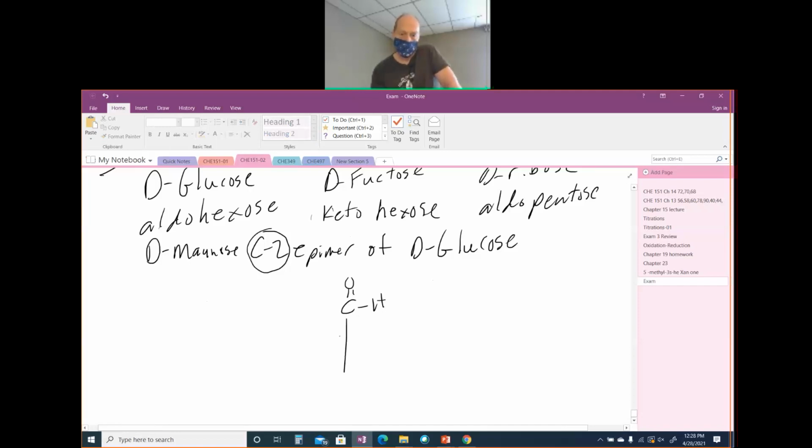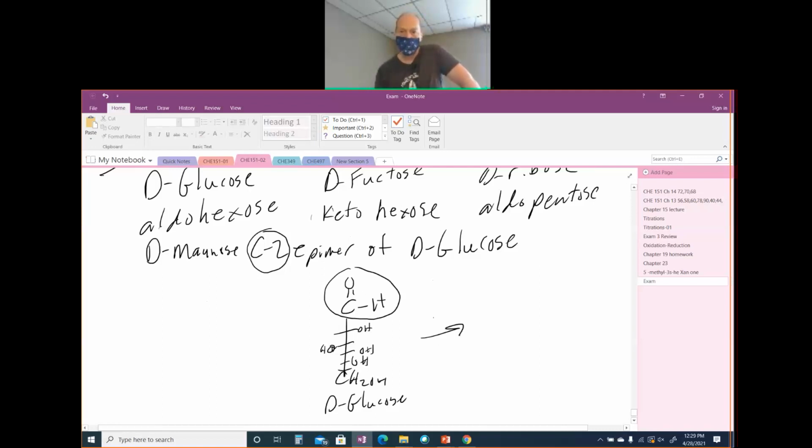All right, so you can take your D-glucose. All right, the reaction is always going to occur at our aldehyde for our D-glucose, and so you can oxidize it.